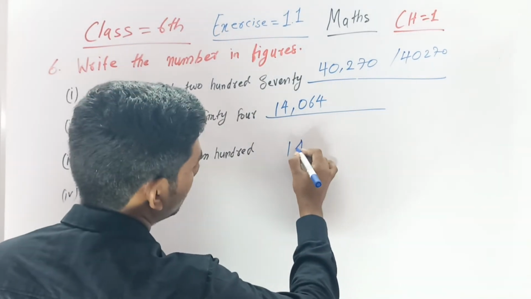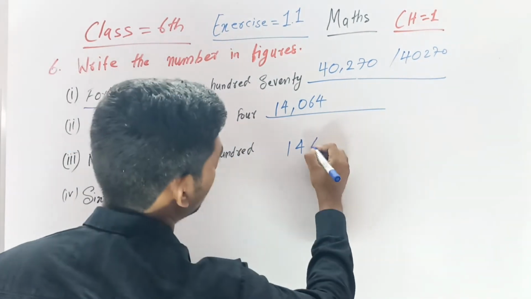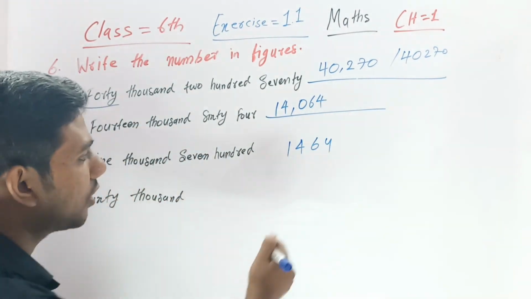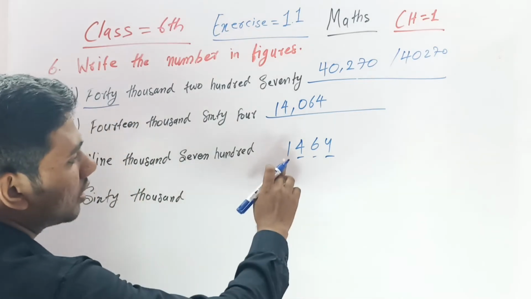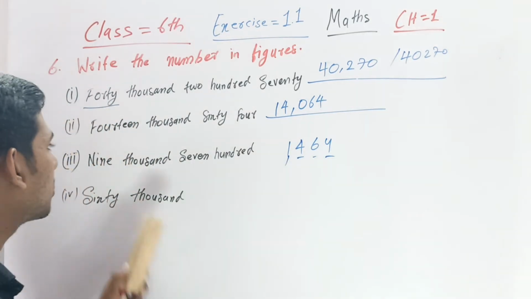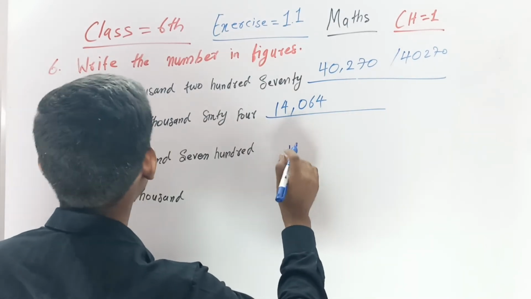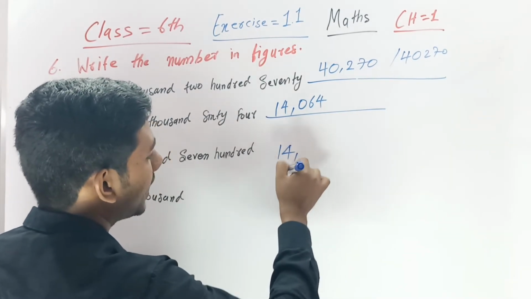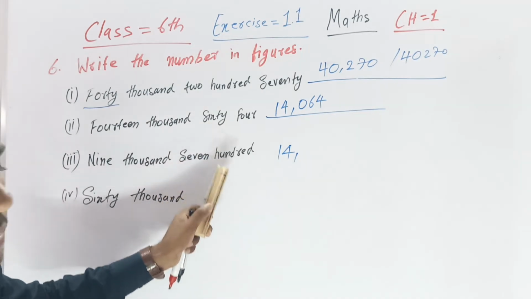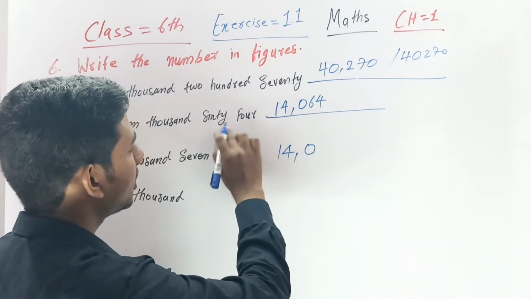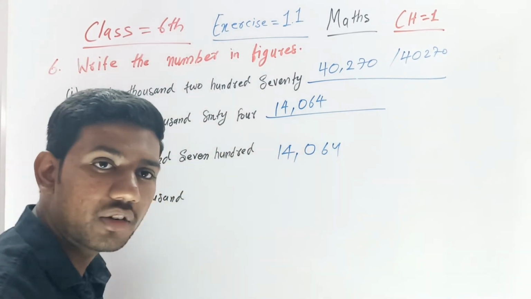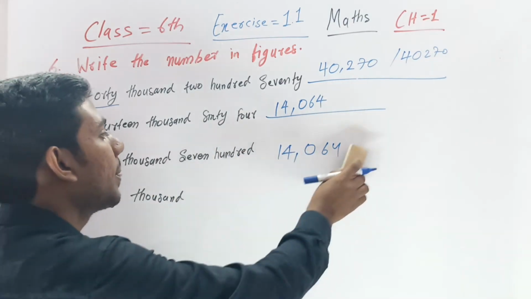I write 14,000. Then after 64, I write here 64. So count ones, tens, 100, 1000. Is this a 1462? No. It's a 14,000. Then after there is no 100. It means we have to put 0. Then after 64. All right. You understand this one? Okay.